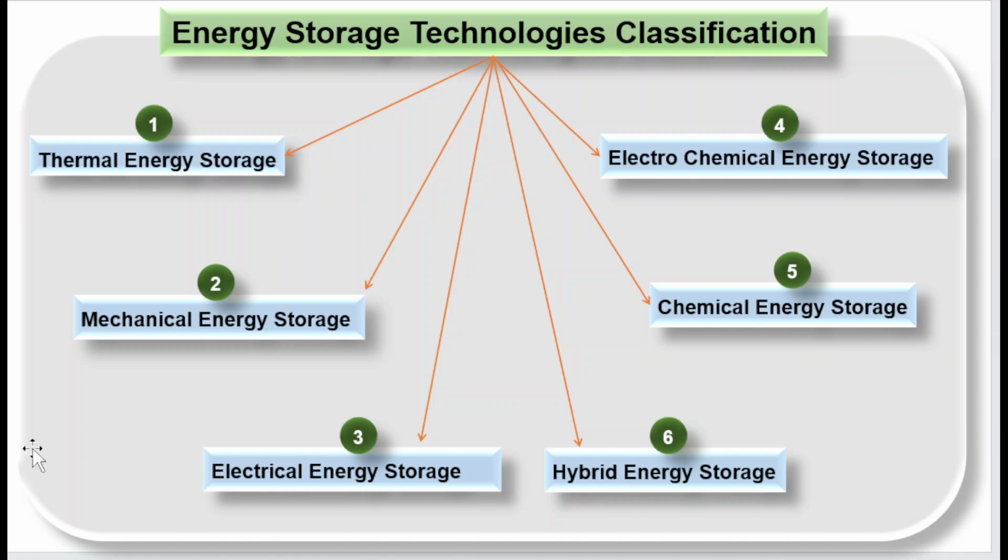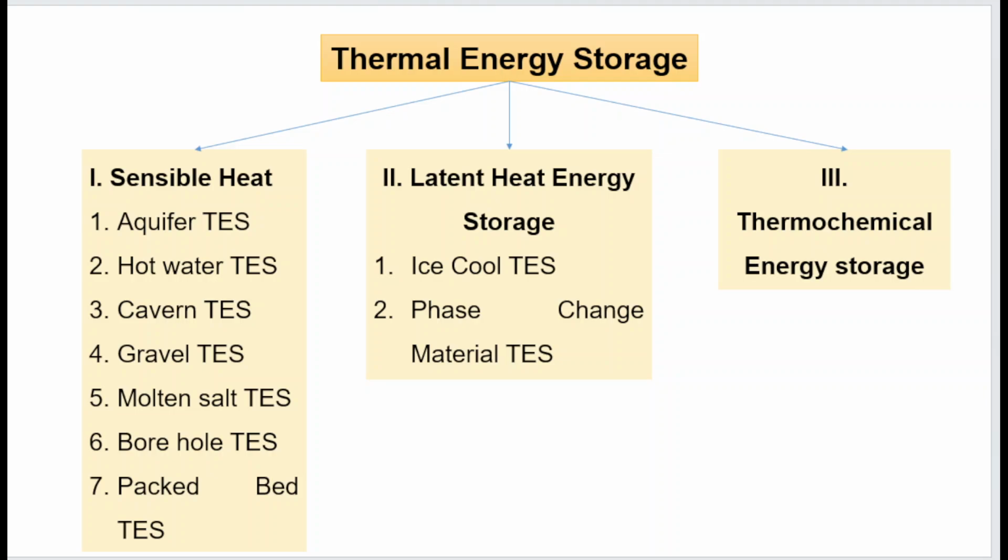So let us have a brief description; a detailed description is not required. Thermal energy storage is basically sensible heat, latent heat energy storage, and thermochemical energy storage. You would have definitely studied these broad terms in your chemistry classes in 11th, 12th. If you want details on this, you can just message me, but it is not required.